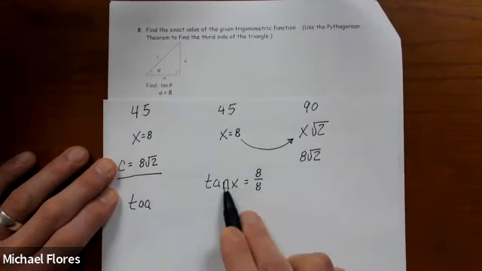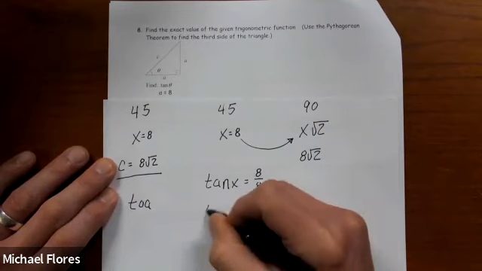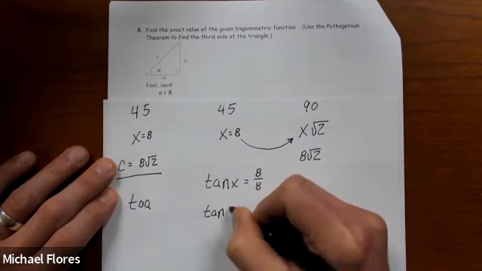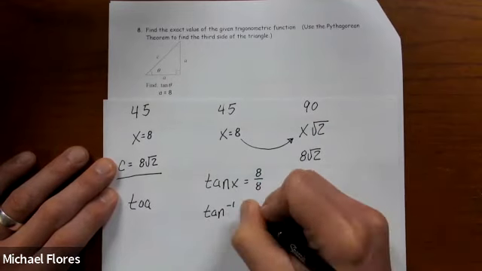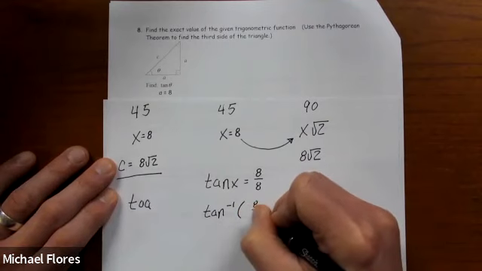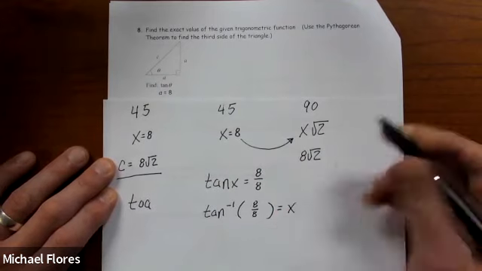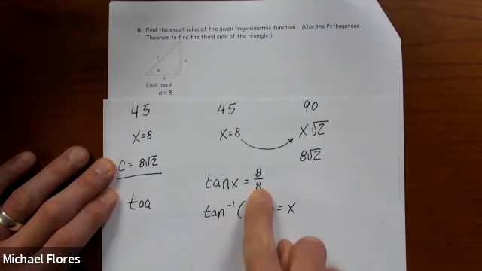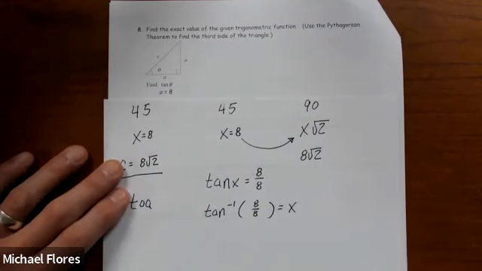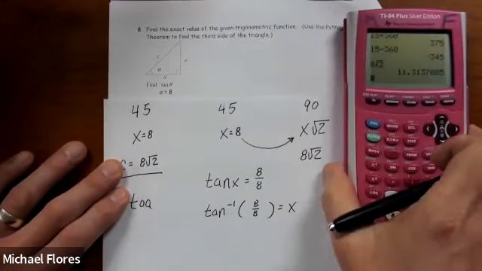Since our angle is currently unknown, tangent inverse, whenever we use inverse tangent, your x and your fraction just switch sides. And now you can plug this into your calculator. Now we already know what it's going to be.